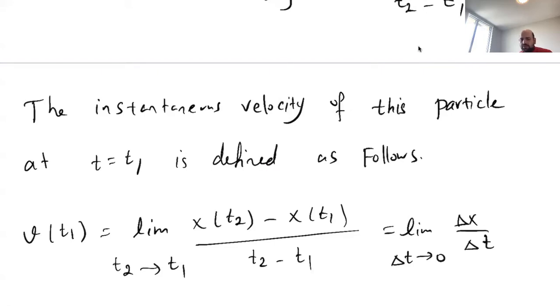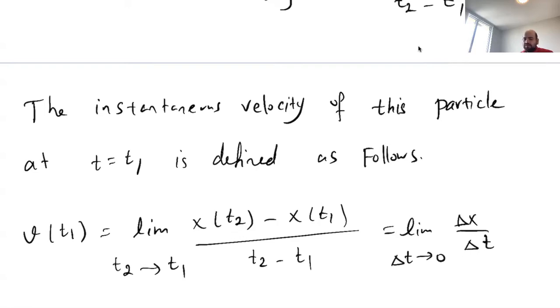So let's say, for example, you want to know the velocity of your car at 12 p.m. One option is to look at the average velocity between 12 p.m. and 12:05 p.m. But if you want a better estimation for the velocity exactly at 12 p.m., instead of 12 and 12:05, you can consider the average velocity between 12 and 12:01.